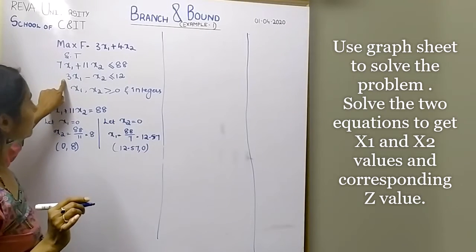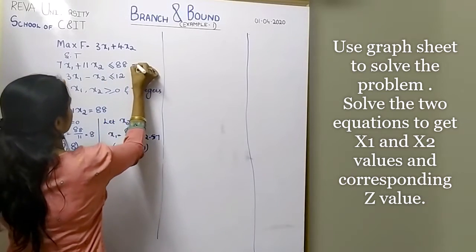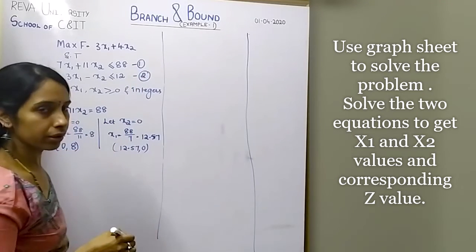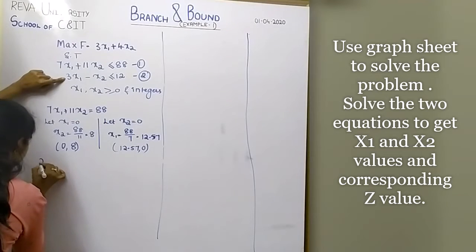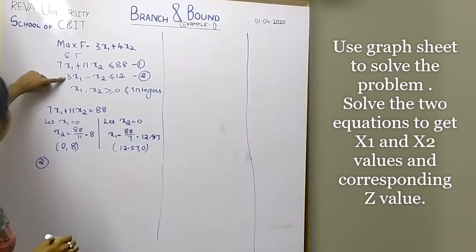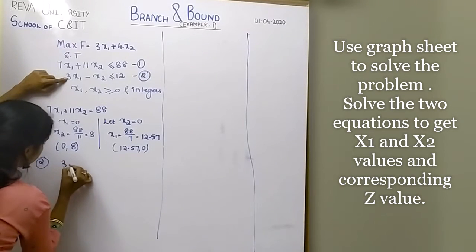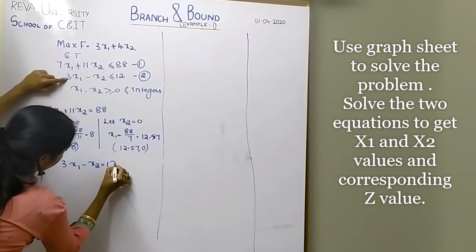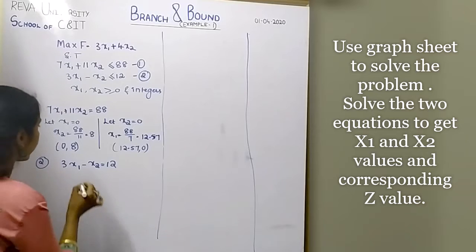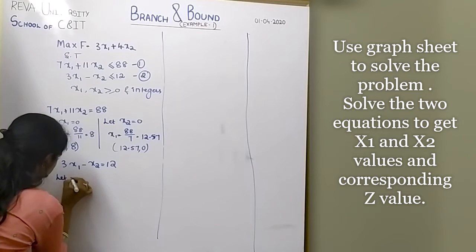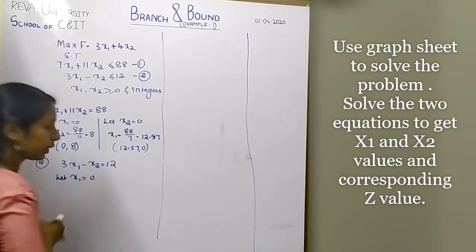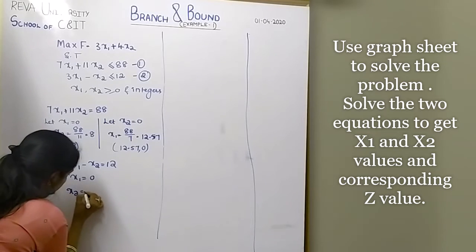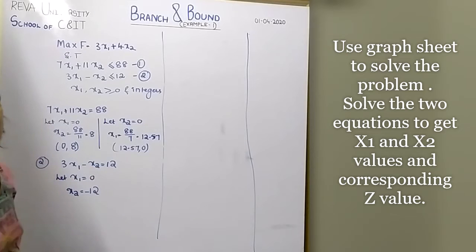Let us consider the second equation. I'll mark this as equation number 1, and this is equation number 2. 3x1 minus x2 equal to 12. Again, let x1 equal to 0, then x2 is equal to minus 12.